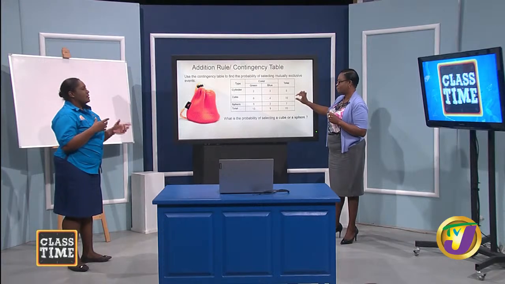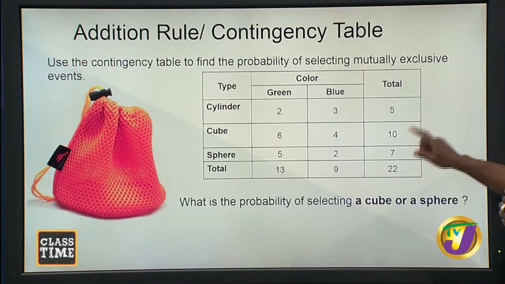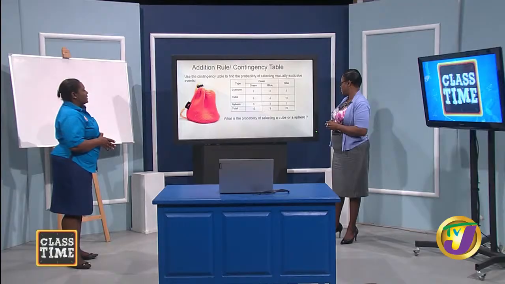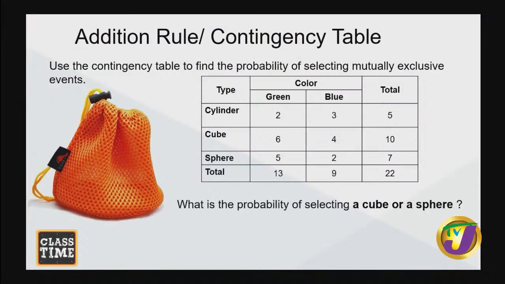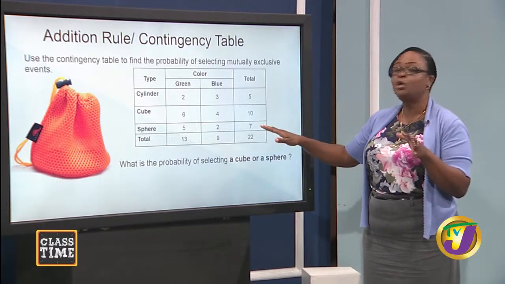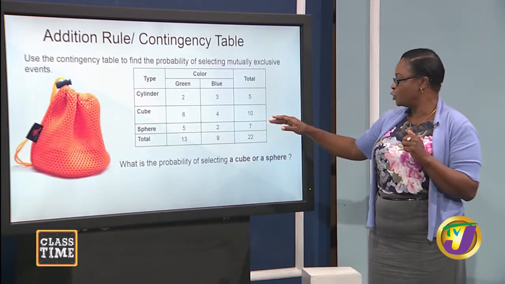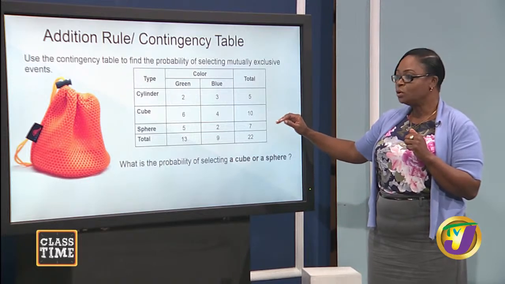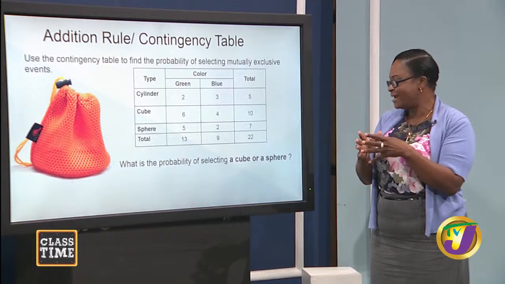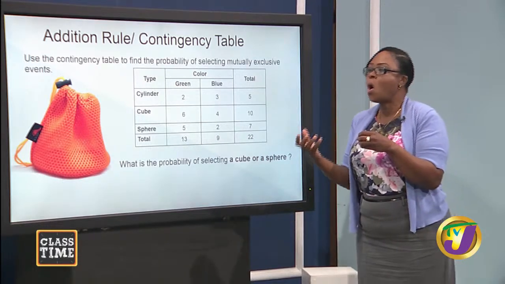It would be 10 out of the total, which would be 22. Right. Okay. And the probability of getting a sphere. That's the probability of the sphere total, because they didn't ask us specific to color, right? So we'd look at the total, and it would be 7 out of 22.